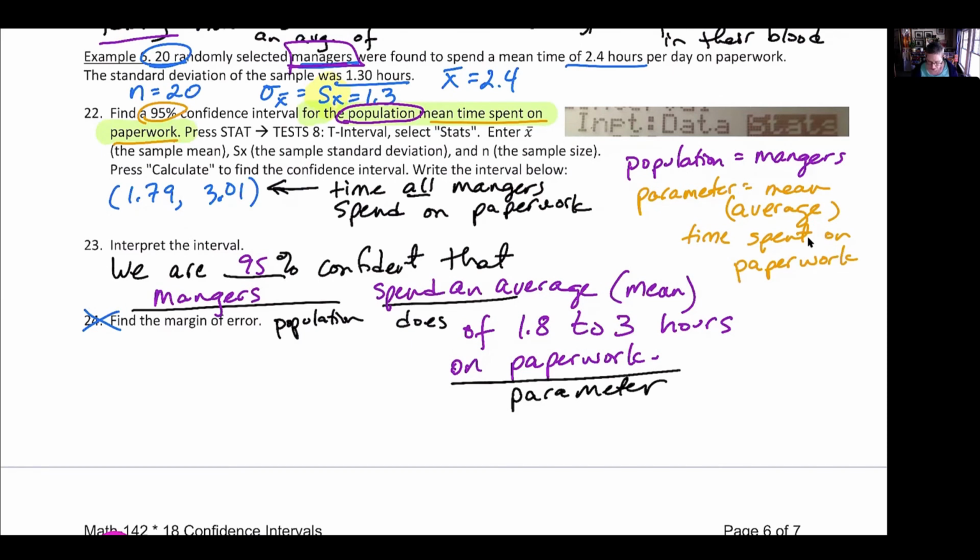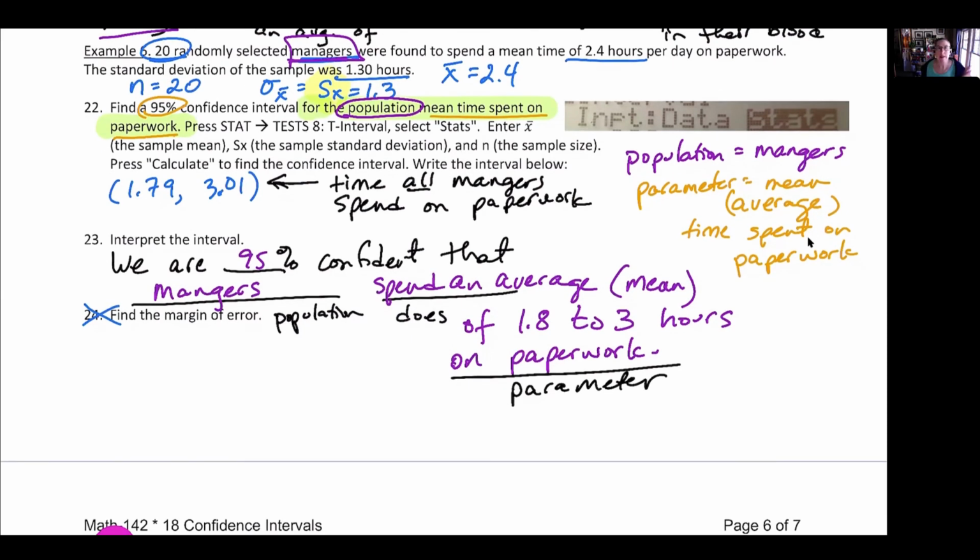And you know that's what it is, because if you go back up to reread that example, there's a lot of clues in this example for what it is we're looking for. Okay, so reread this, and it says 20 randomly selected managers. That's telling you the population, because that's who was randomly selected. Found to spend a mean time of 2.4 hours per day on paperwork.